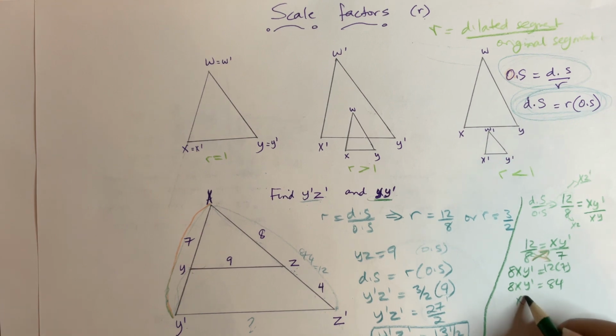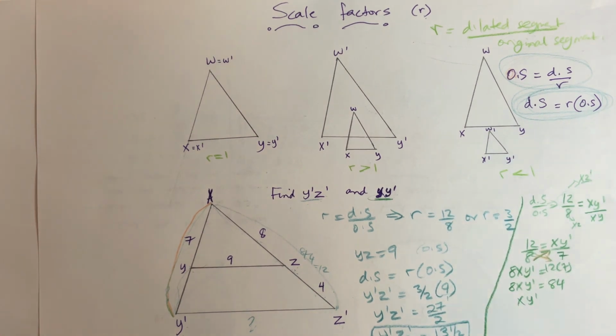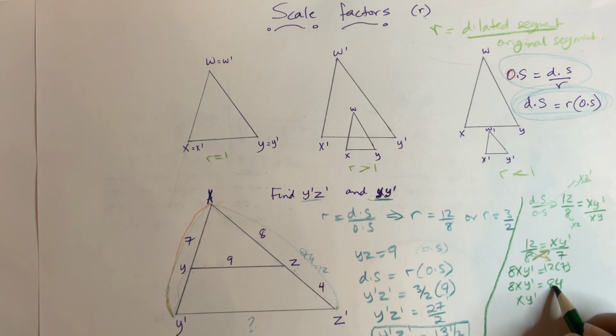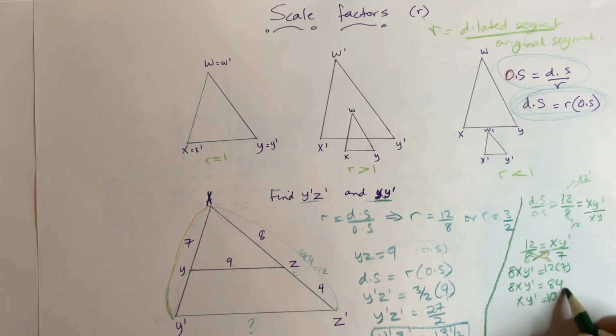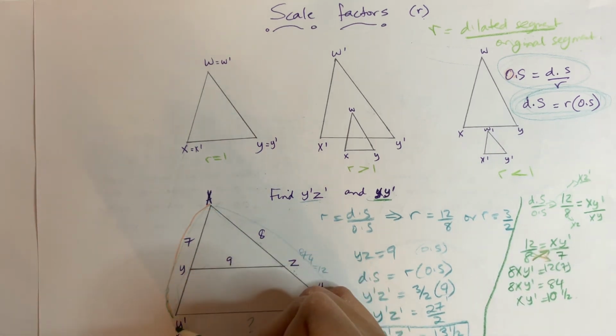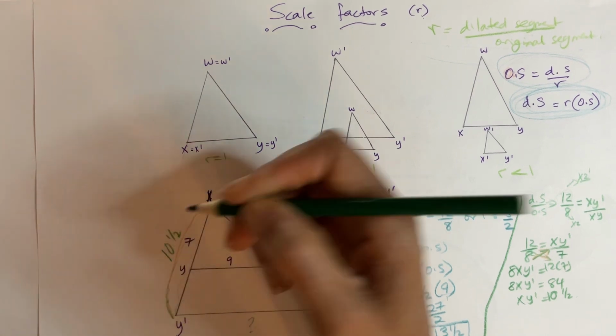We divide both sides by 8, and we are going to get a fraction there. And with that fraction, we have 84 divided by 8, and 84 divided by 8 is 10.5, because 8 times 10 is 80, so you have 10.5 here. Okay, so that is just your XY prime, which is 10.5 here.